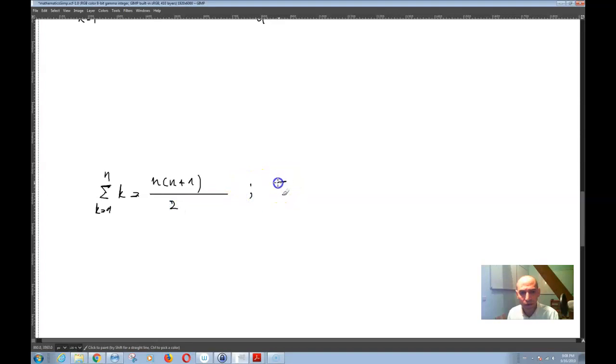And also you know that sigma k squared as k goes from 1 to n is equal to n times (n plus 1) times (2n plus 1) divided by 6.